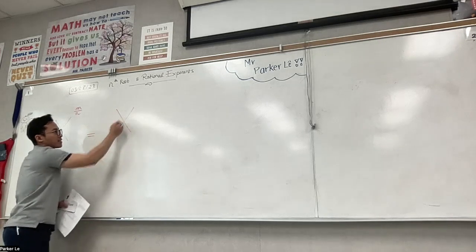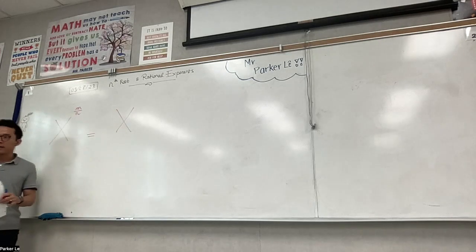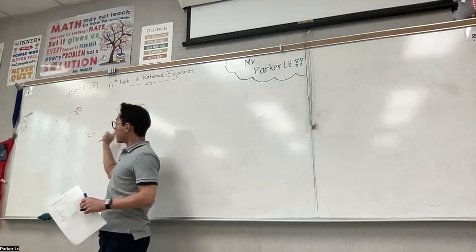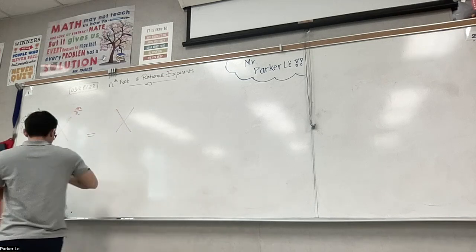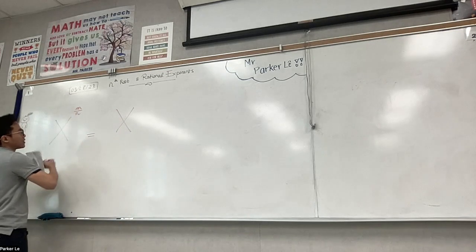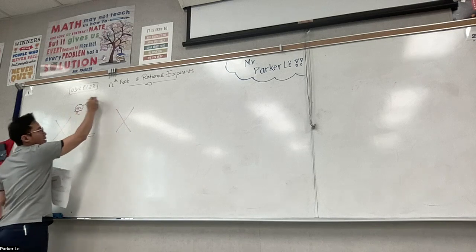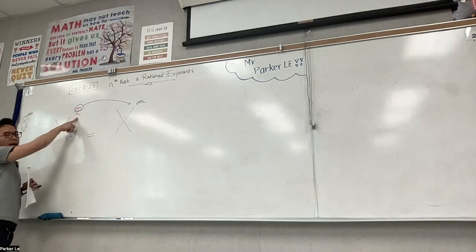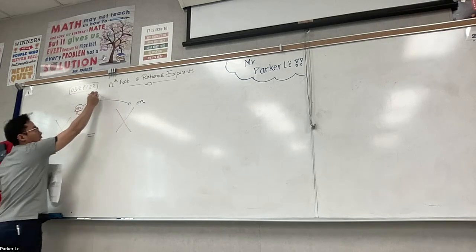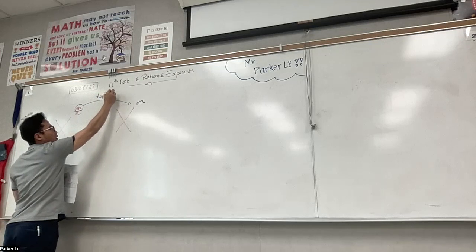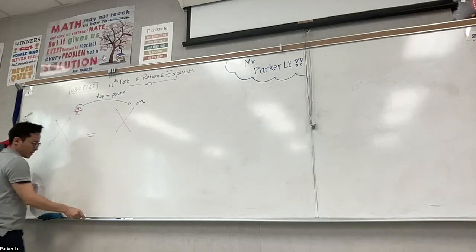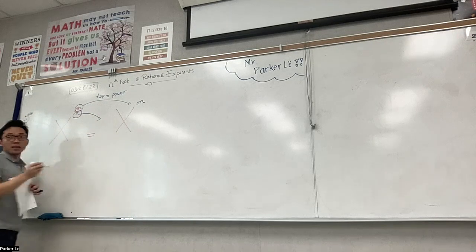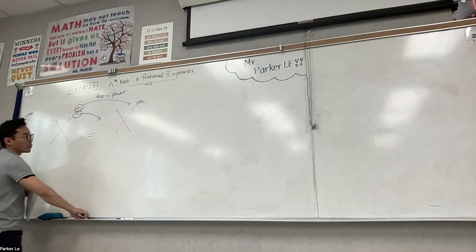When you see a fraction in the power, what it means is the top number is the power of x. Let me write it. You want to convert this. This will be the power, so power m. The bottom number is the power of the root.